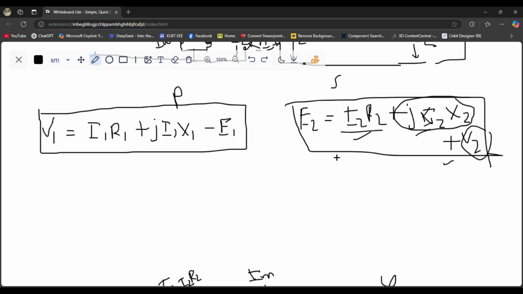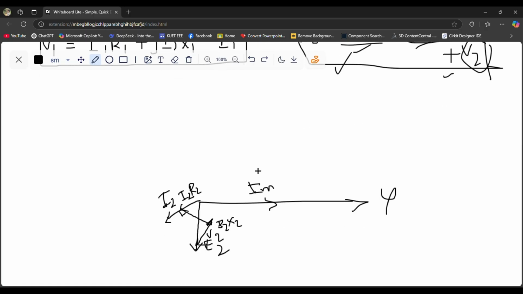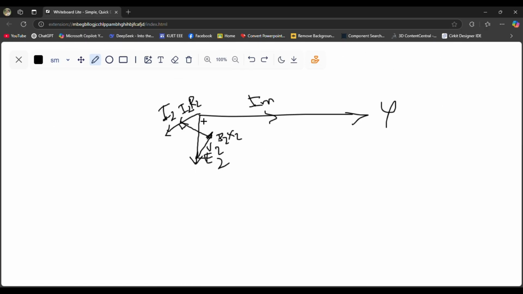So we have completed these equations. But for simplicity, or for better understanding, let's take this V2 vector here like this. Then we can say that there is an angle between V2 and I2, which is theta 2, let's say. So what is this theta 2?